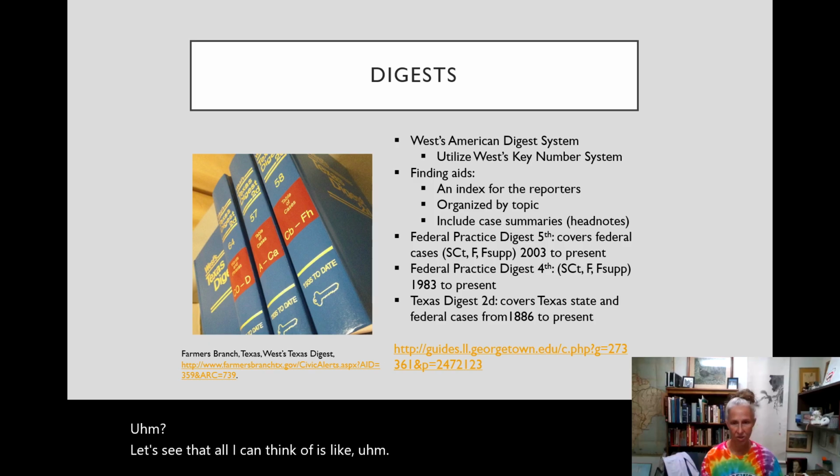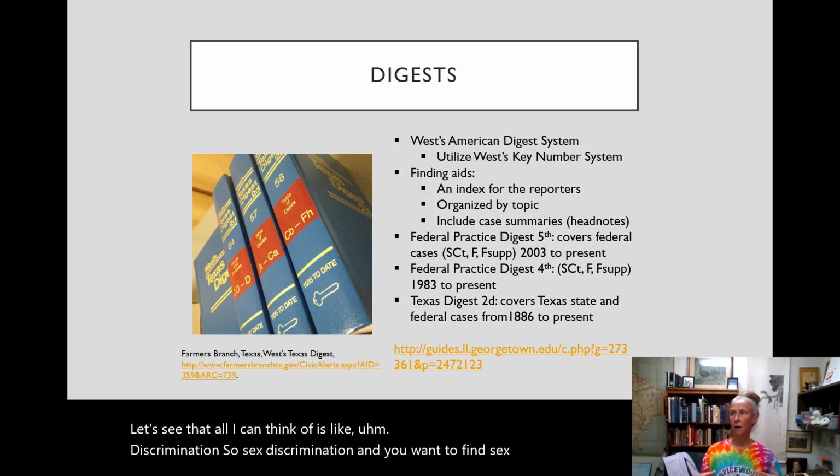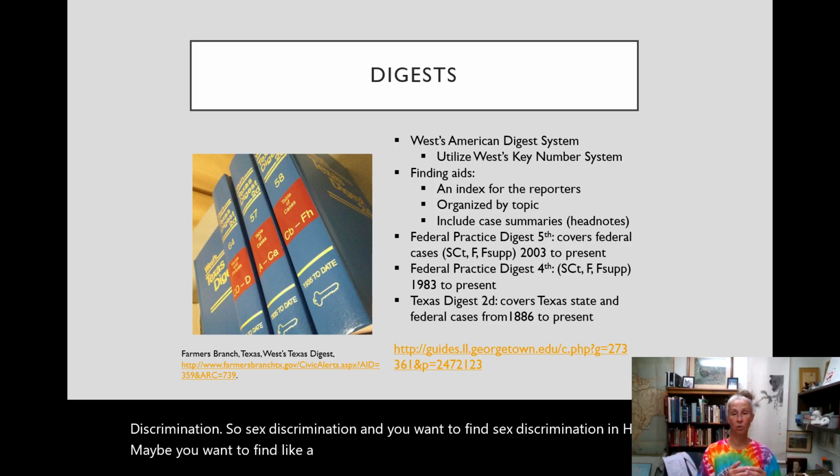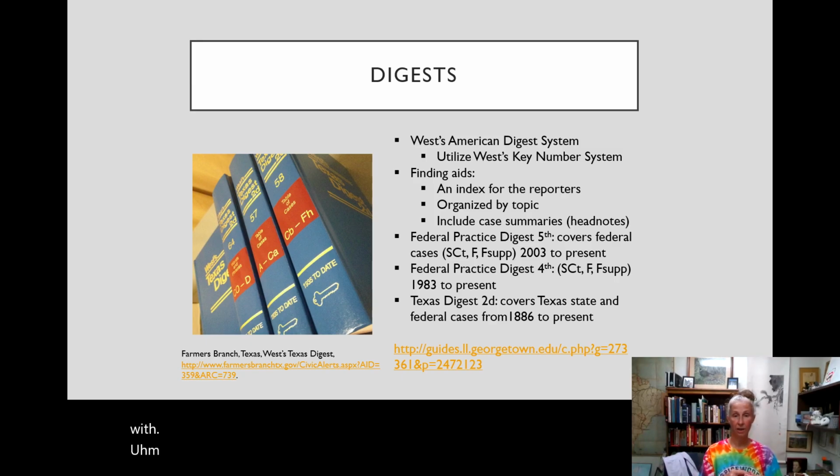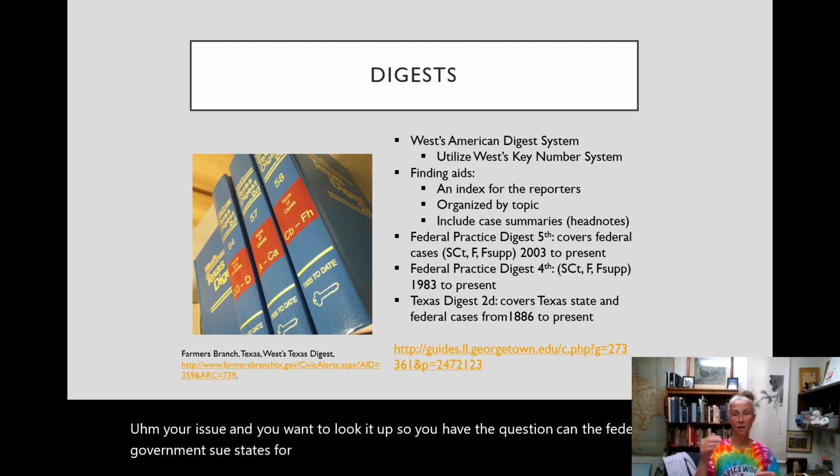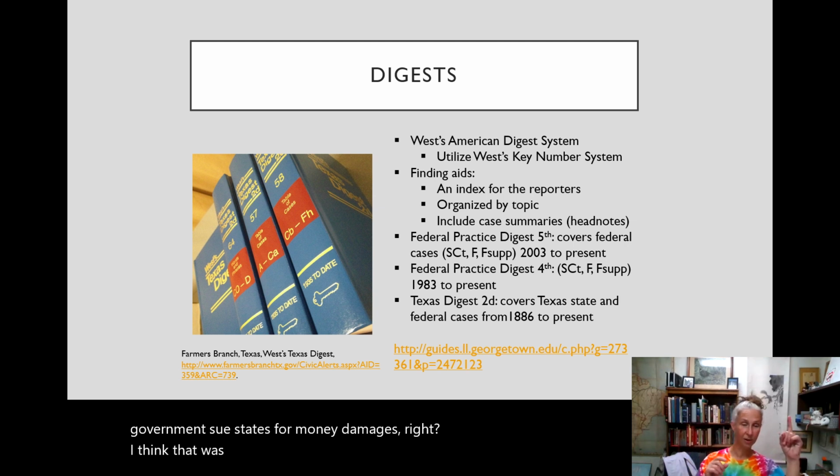So sex discrimination, or maybe the sovereignty question. So you want to find cases that deal with your issue, and you want to look it up. So you have the question, can the federal government sue states for money damages, right? I think that was Audrey's question in 2021.